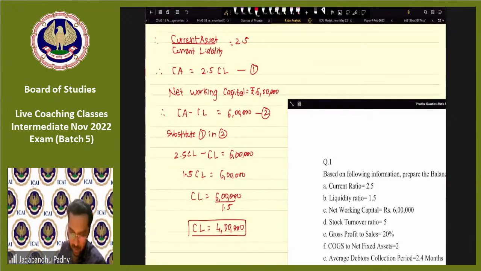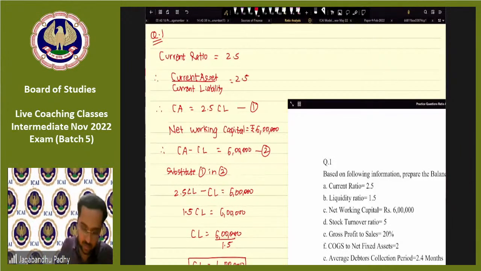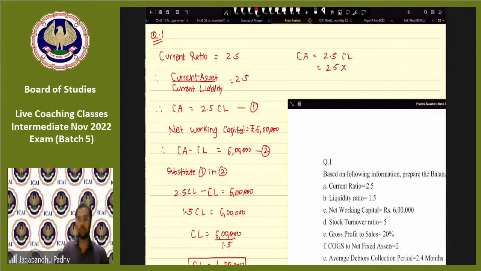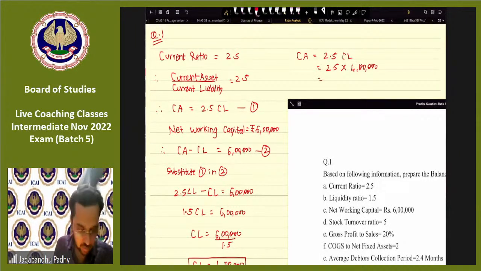Once we have current liability, can we compute the current asset also? Yes, definitely. Current asset is 2.5 times of current liability, which is 2.5 into 4 lakh, which is 10 lakh.